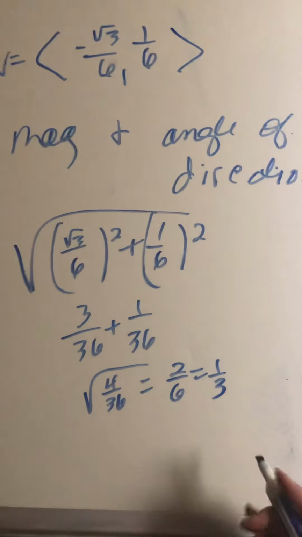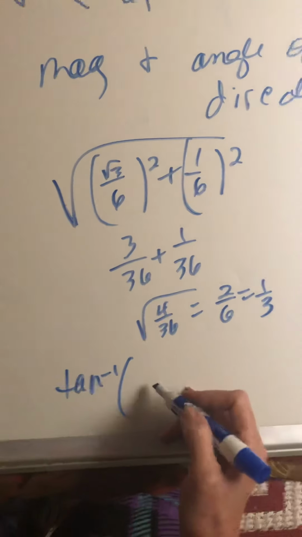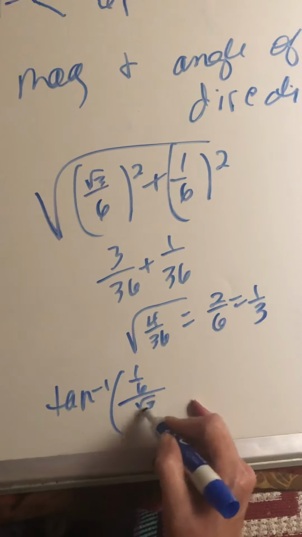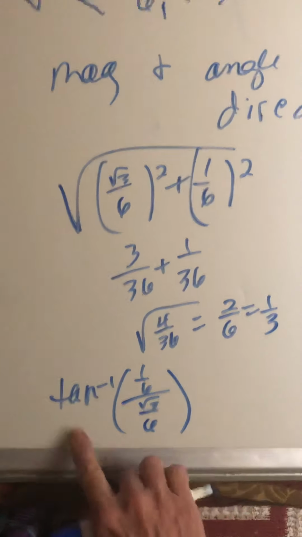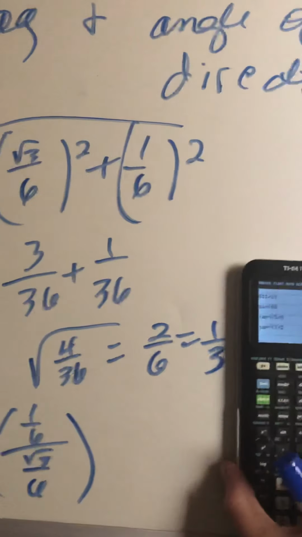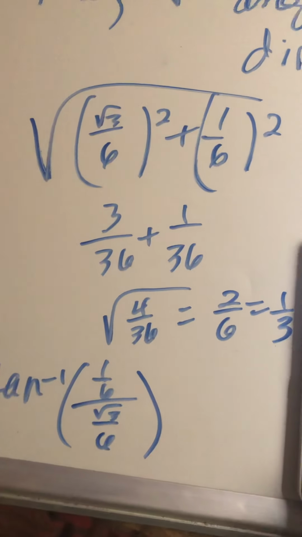Now we want the direction angle. So do the direction angle just like we've done before. Inverse tangent of y, which is 1/6, over square root of 3 over 6. Do not use the sign. So let me show you how you'd put this on your calculator. So you do inverse tangent first.